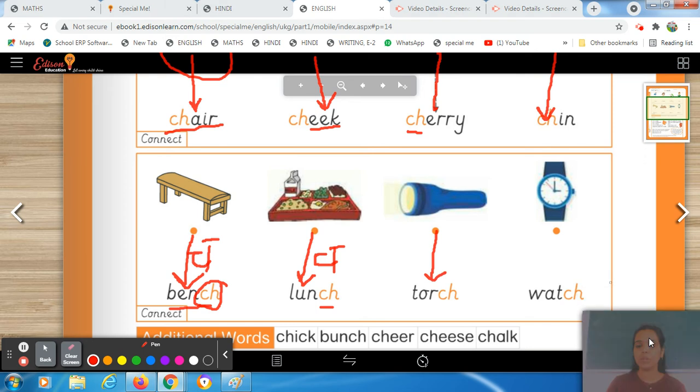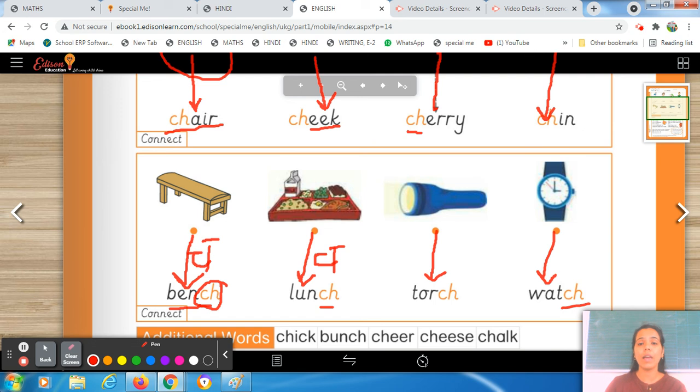Okay. Now, see the next image. This one is a watch. What does a watch do? It tells us time. So watch, watch. Where is ch? Who will tell me? Ma'am, in the end. Yes, the ch is at the end. Right?